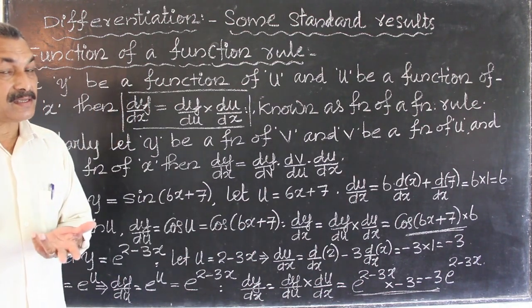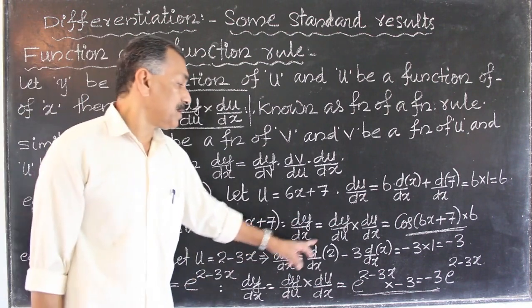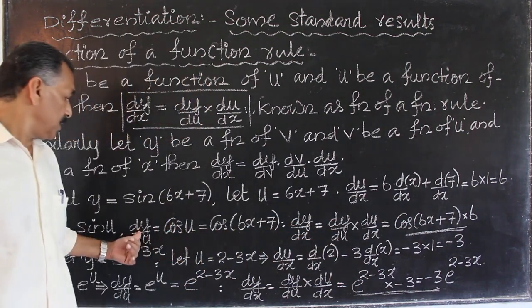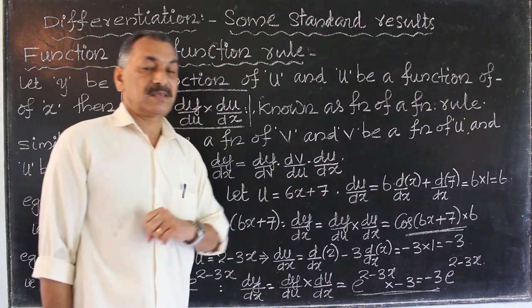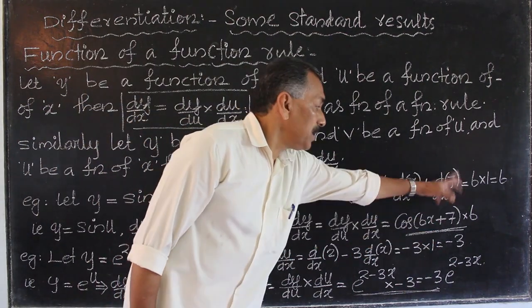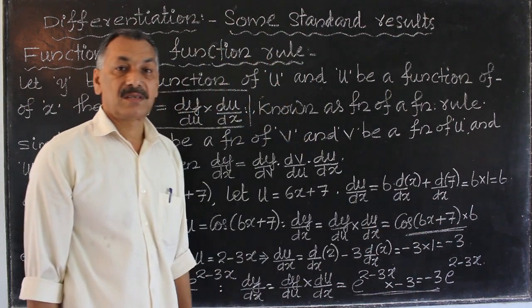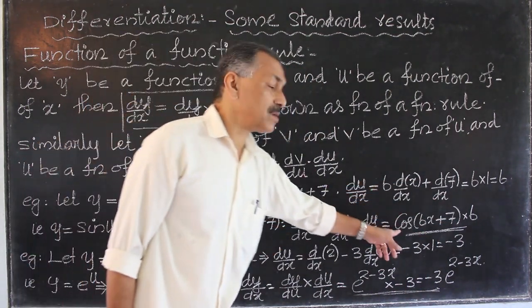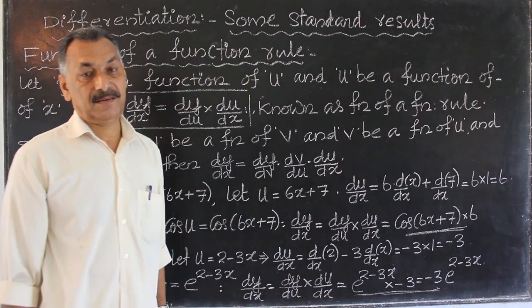Then what is dy by dx? dy by dx is equal to dy by du into du by dx. So dy by du is cos of 6x plus 7 into du by dx, which is 6. That is dy by dx is equal to 6 cos of 6x plus 7.